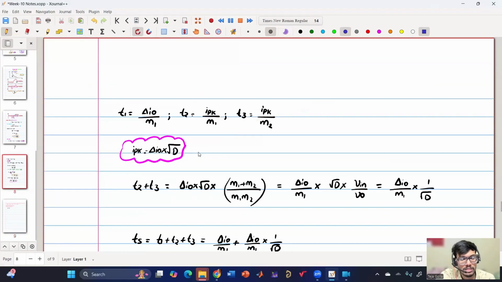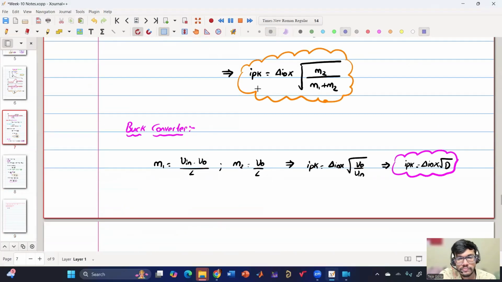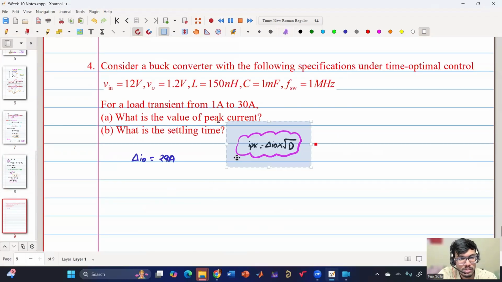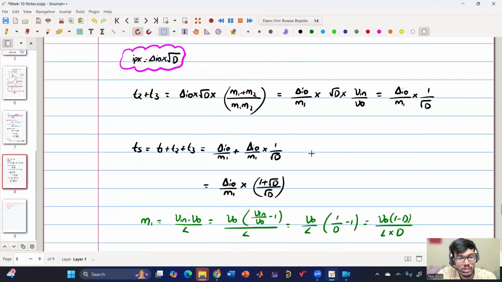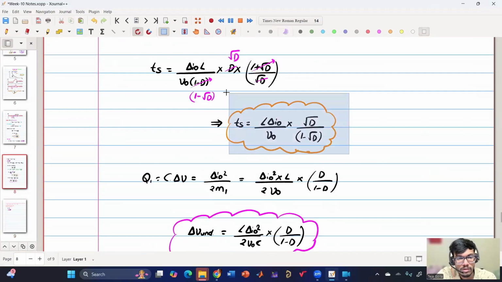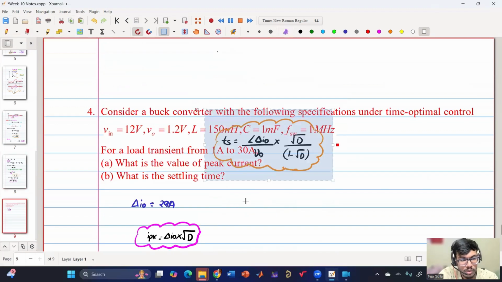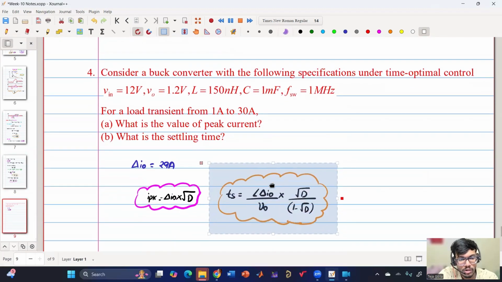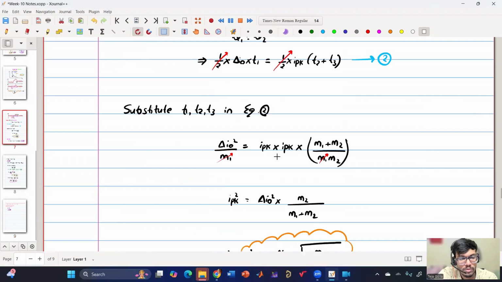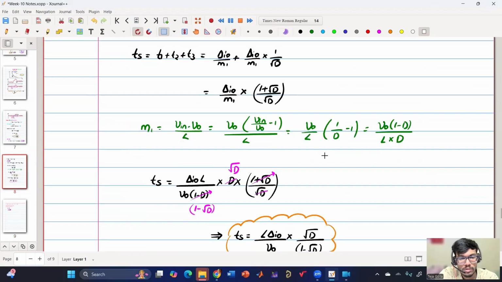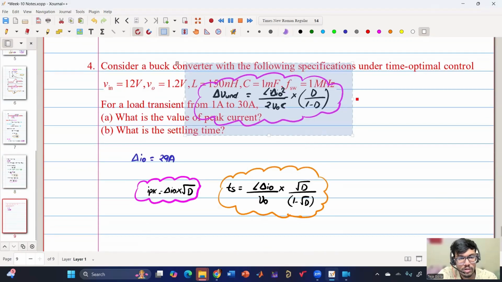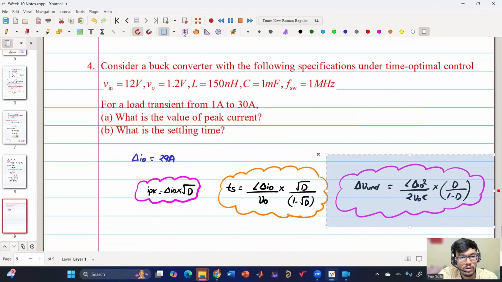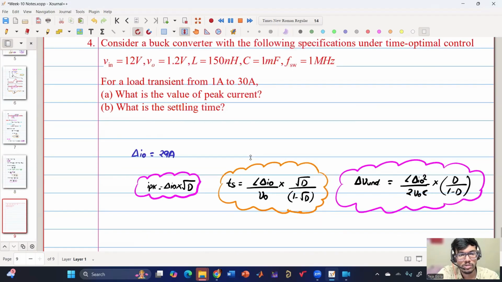So now I am asking what is the value of peak current as well as what is the settling time. So let me just copy paste the results. So I might as well ask what is the undershoot. So that also let us do. So you please calculate.